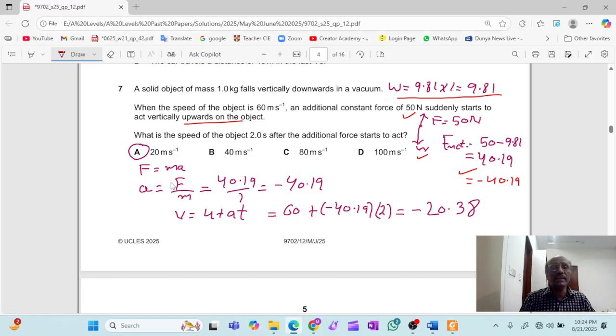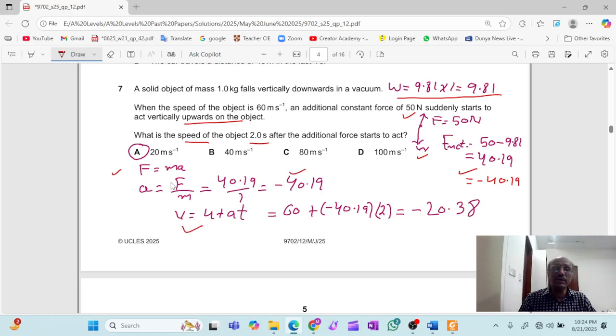After that, what is required? The speed of the object 2 seconds after the additional force starts to act. So now we will apply the formula F equal to m a, and then a equal to F over m, because the acceleration value is not given. So force over mass will give you the acceleration, and the value is 40.19.